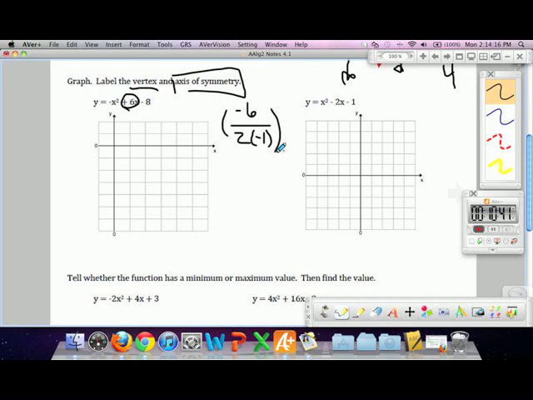So our x value of the vertex is at positive 3. Plugging in, negative 9 plus 18 minus 8 is 1. So the vertex is at the point 3, 1.